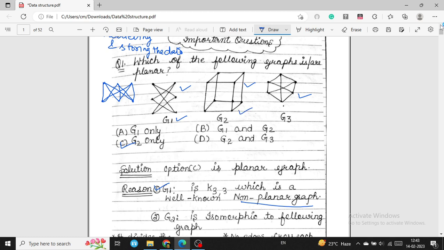In the second graph, you can draw it. You can take here like this. You can draw a new graph from these vertices.